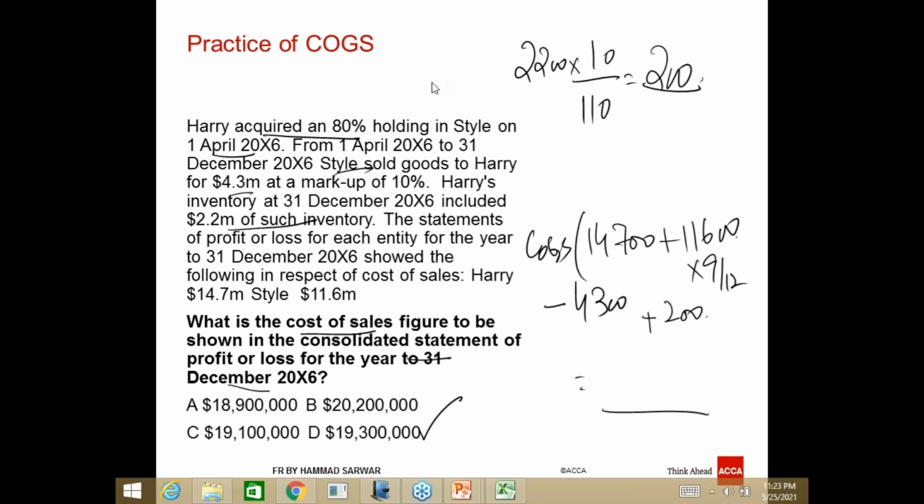Why do we add? Someone is saying that the answer is A. How is A the right answer?